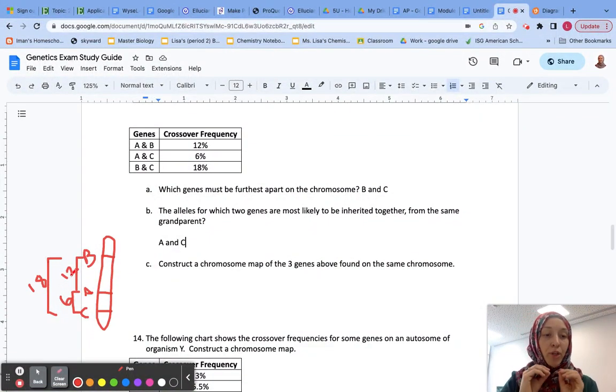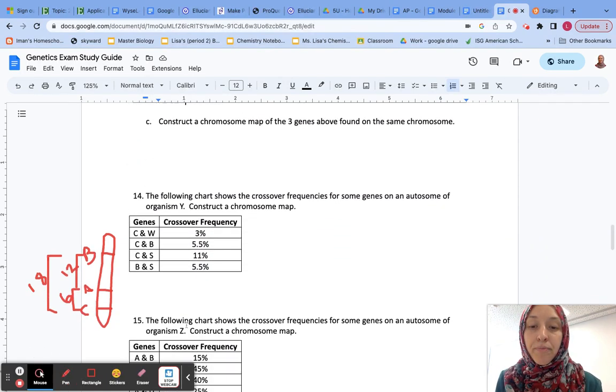So you can kind of check your answers, because if all of the distances make sense mathematically, then you did it correctly. So my distance between A and C plus A to B, does it equal C to B? Yes? Okay, then you did it correctly. This is my order. B, A, C, with A being closer to C than to B.